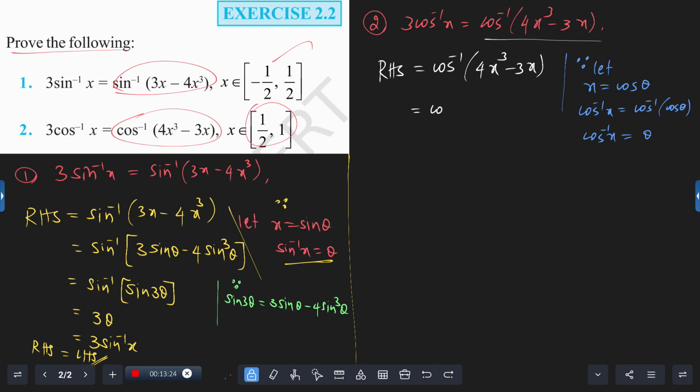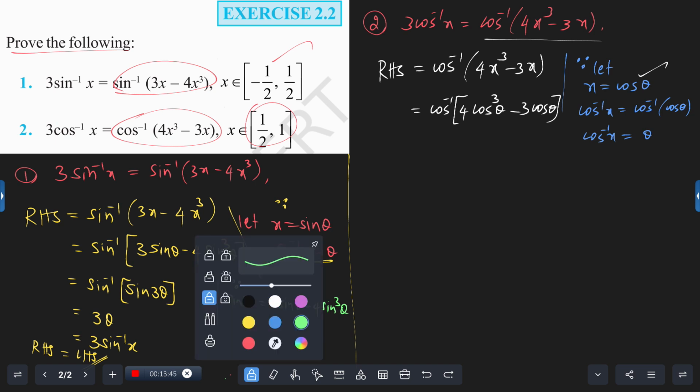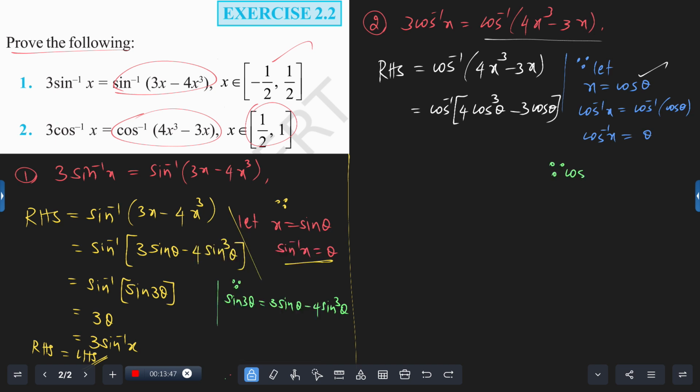Right, so we assumed x as cos theta. So instead of x, I am applying cos theta here, there is a cube. So x cube is cos theta whole cube, or cos cube theta, both are same, minus 3 times cos theta. And this is the formula for what?